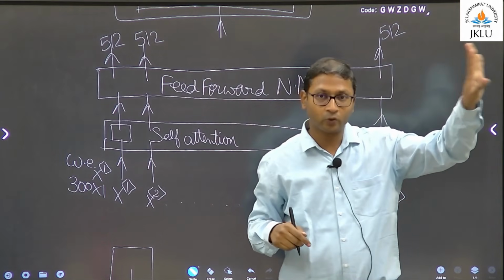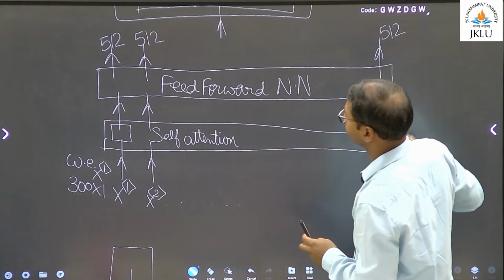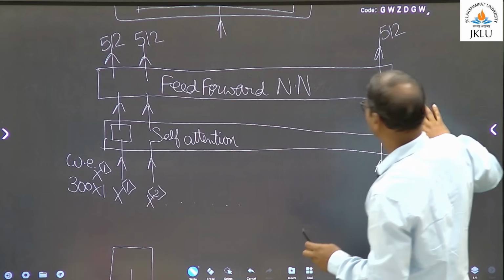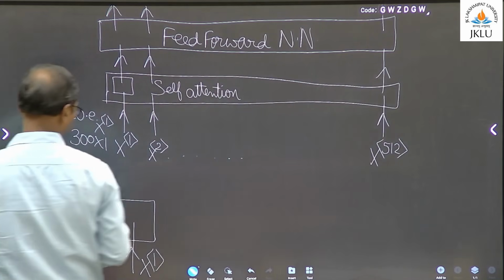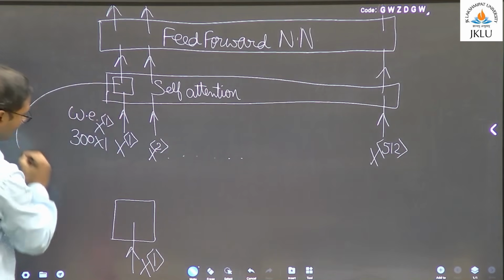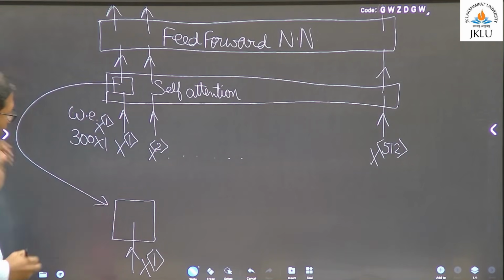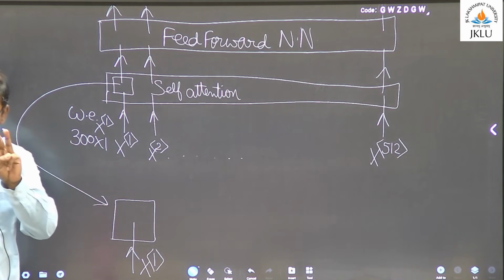First talk about query, key, values. In fact, I think it's a good idea to say that this is what we are talking about. So you had three matrices here.